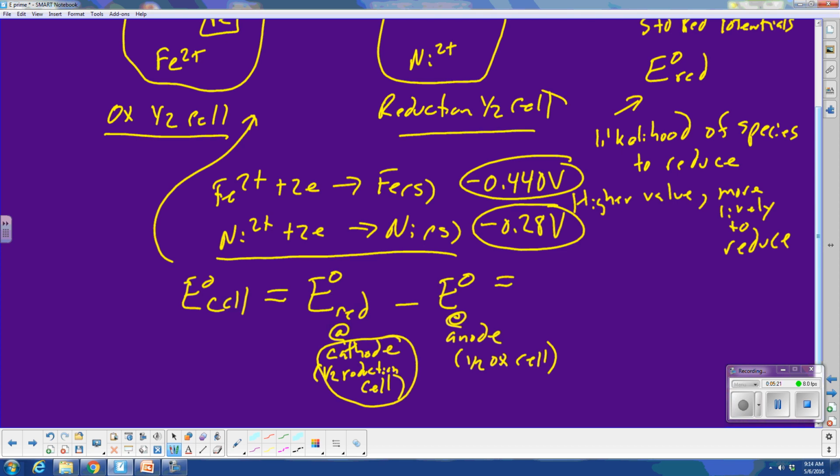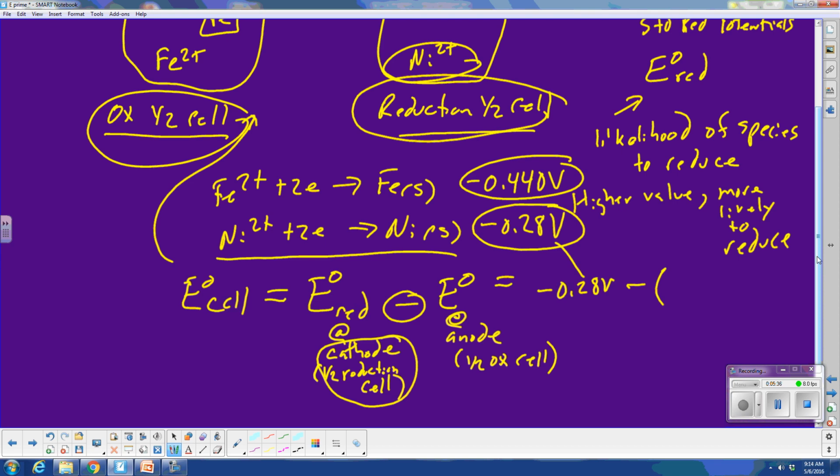We said my half reduction cell is my nickel, so I'm going to write down the value for my nickel over here, and it's going to be a negative 0.28 volts minus, right, the value for my oxidation half cell, which will be my lower value. So that will be minus a negative 0.440 volts. And that looks to me like 0.16 volts, and that is a positive value. There we go. Good.